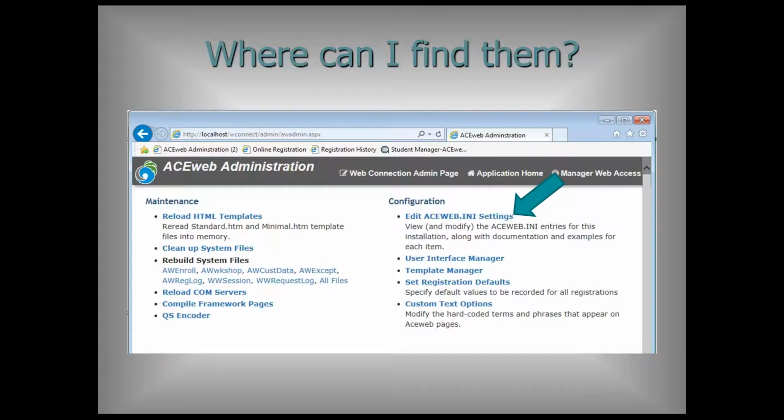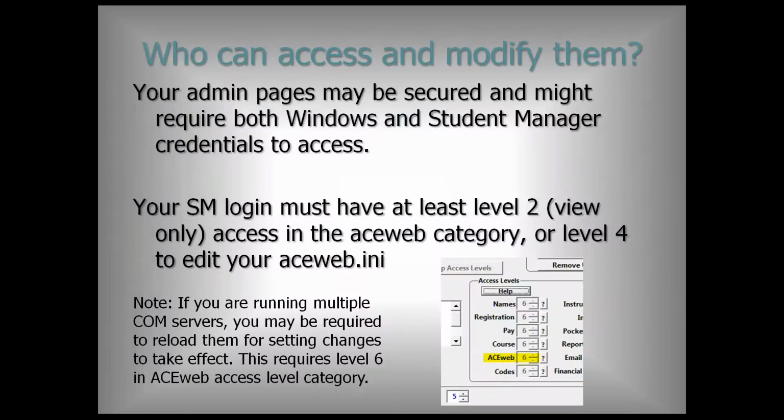Now, if you were to click that link, there's a few different things that may or may not happen. And actually, before you even get to this page, we're going to talk about who can access them. Your admin pages, that page we just looked at, might be secured with Windows authentication. If your web server guys are real particular about who can access and view your admin pages, they may have those locked down.